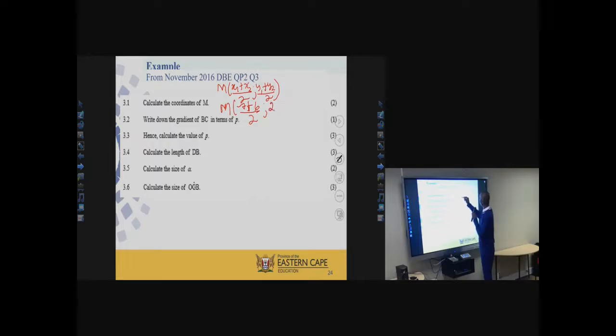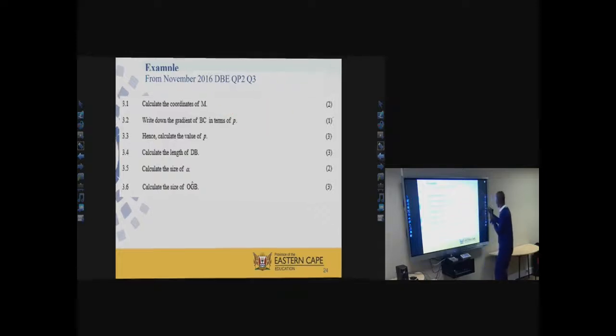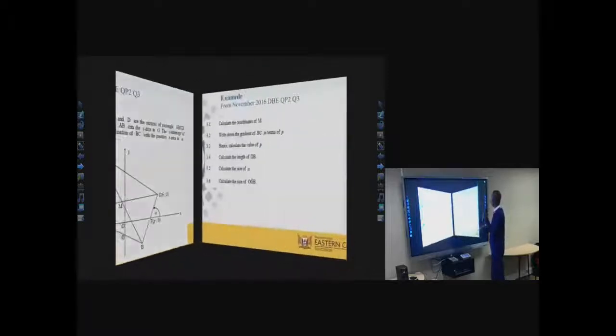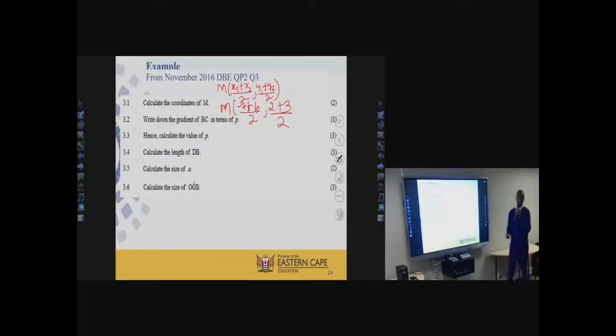It should be 2 plus 3 over 2. Let's go back and double check that. Yes, at A, you've got 2, and then at C, you've got 3. So it's 2 plus 3 divided by 2. And then the rest is just algebra now. To calculate that, it's going to be -1 over 2 and 5 over 2. Those will be the coordinates.